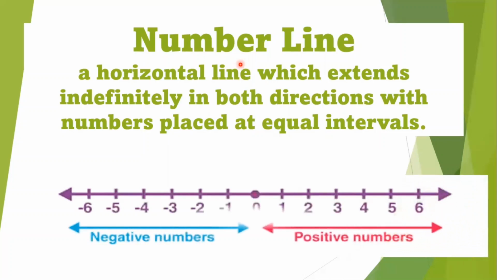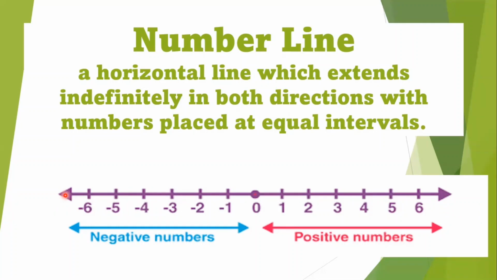We have the arrowheads dito sa bawat dulo na ibig sabihin ay pwede natin siyang pahabain, pwede natin siya i-extend, pwede natin siya dagdagan ng numbers indefinitely as long as gusto natin. Ibig sabihin ng indefinitely ay pwede natin siyang pahabain as long as gusto natin. Okay. At ang mga arrowheads na yan ang nagbibigay ng representation na pwede natin siyang pahabain.